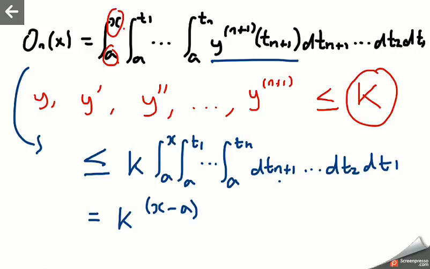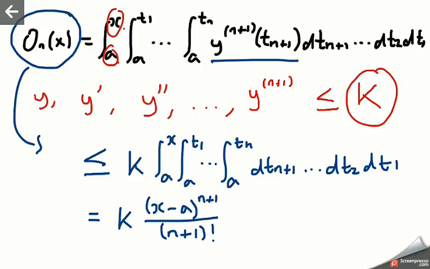So it's going to be x minus a to the power of n plus 1 divided by n plus 1 factorial. So O_n of x is less than or equal to k times x minus a to the n plus 1 divided by n plus 1 factorial.